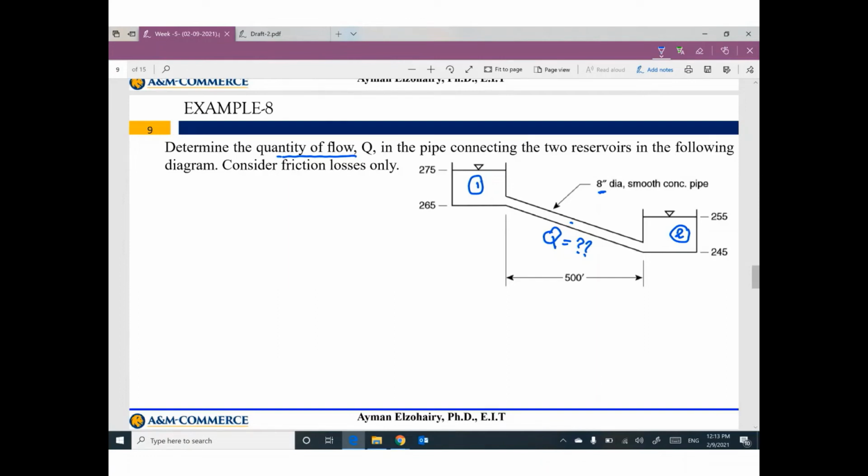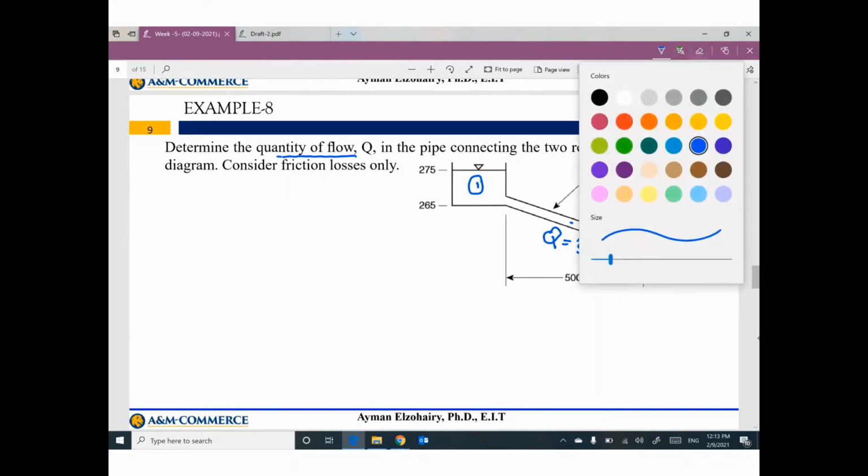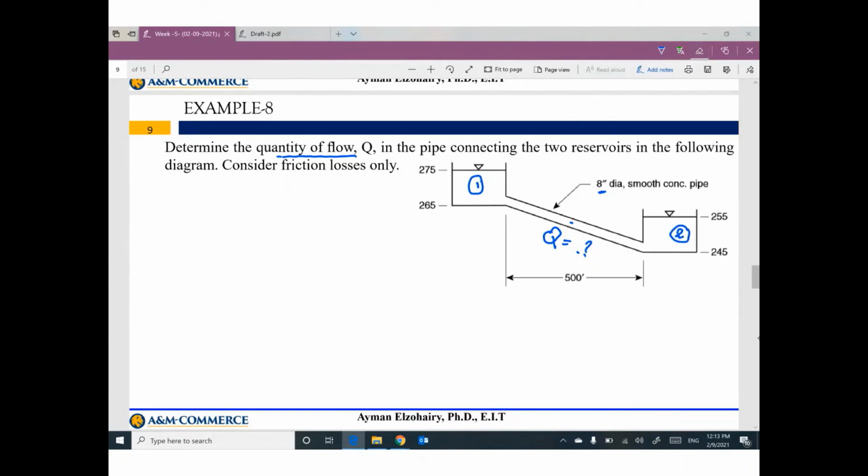I understand that we learned from last week discharge in any pipe equals area times V. The area of this pipe, I can figure it out using this diameter. But the velocity of flow in this pipe is still unknown.